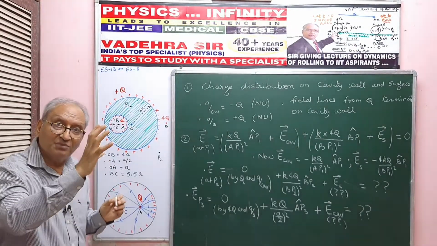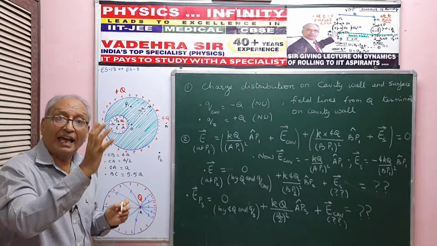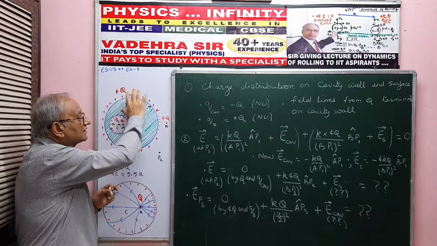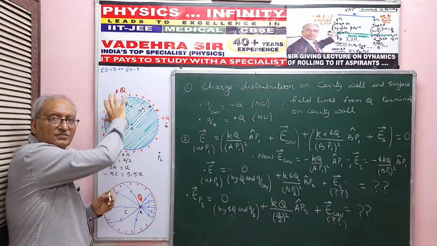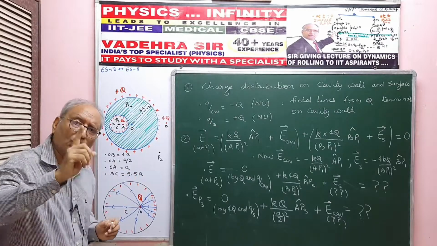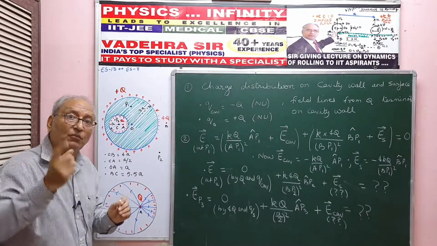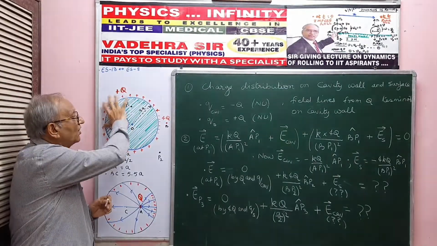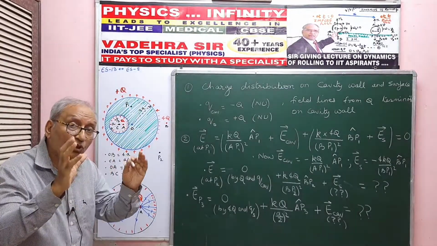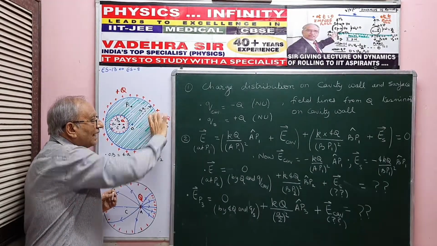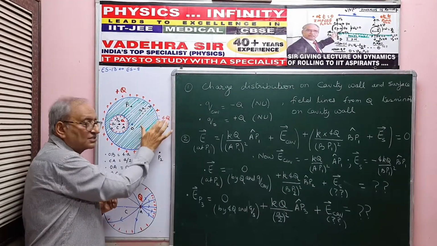Now 4Q will have its own field, so much so that this plus Q on the surface, the total charge on the surface of the conductor will be plus Q. But once again, non-uniformly spread.